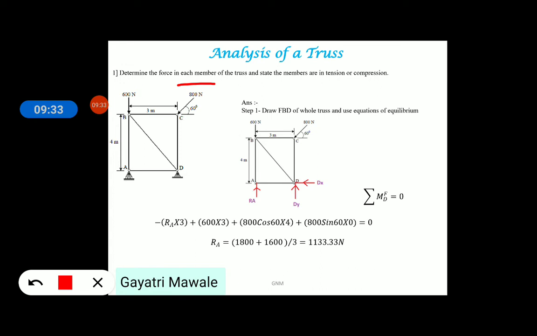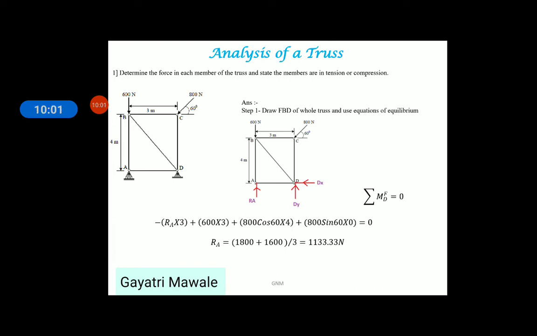Further, the vertical component of 800 force, that is 800 sin 60, will pass through point D, so its moment is 0. If you do these calculations, you will get RA equals 1133.33 Newton. RA we got positive here, it means the direction of RA that we have shown is correct.